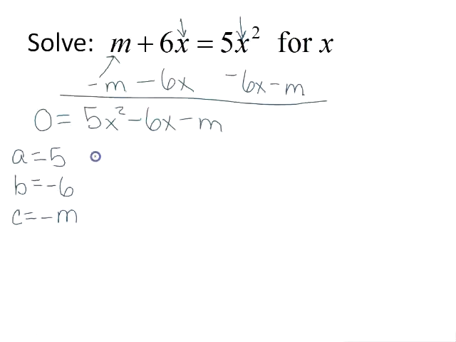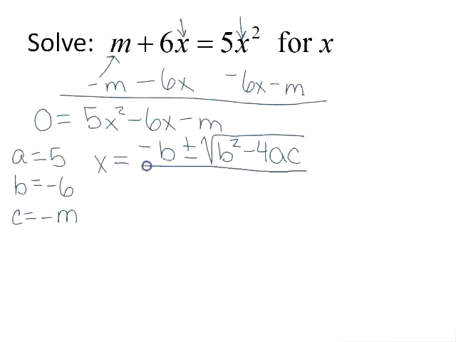So we want to use our quadratic formula, so let me write it down. x equals the opposite of b plus or minus the square root of b squared minus 4ac, all over 2a. Now all I do is make my substitutions.